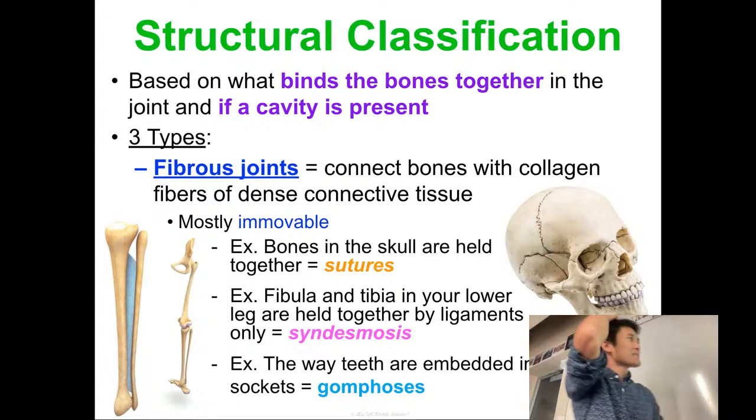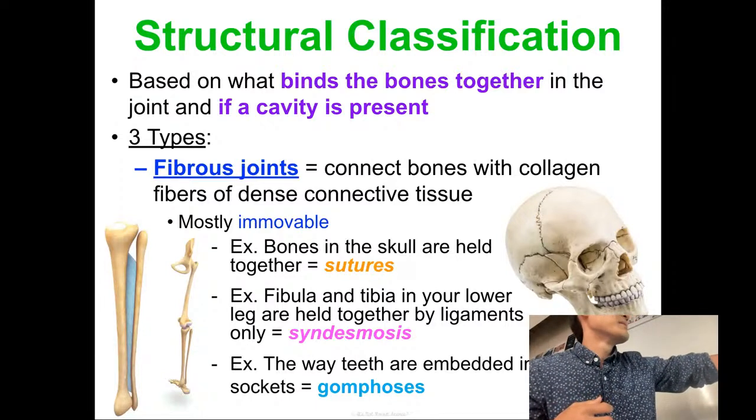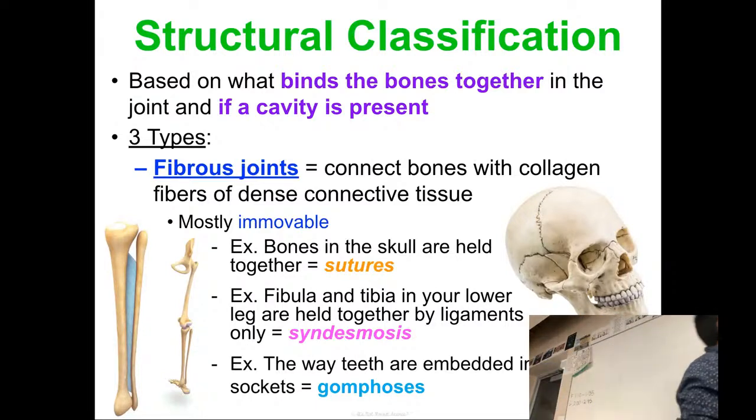Some other ones that we have, not as important, but I think they might be on the exam. Your teeth, right? They don't move very much, except for your baby teeth, I guess. Those are specific fibrous joints, technically called gomphoses. Your fibula and tibia have a joint there.